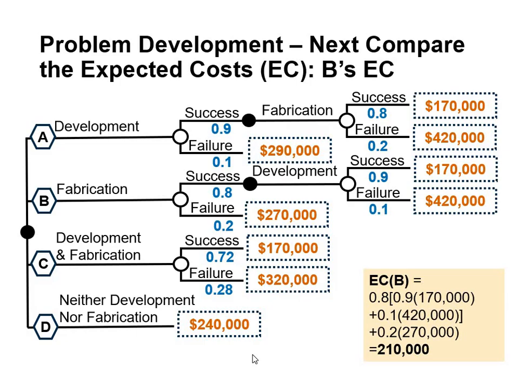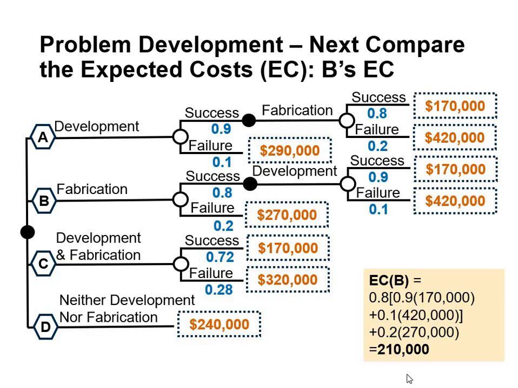So then we would have first 0.8 times, open parentheses, 0.9 times 170, plus 0.1 times 420, close parentheses, plus 0.2 times, so now with the corrected value, 270, equals 210.